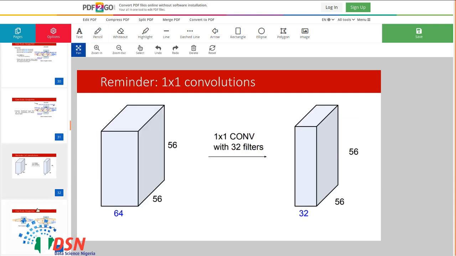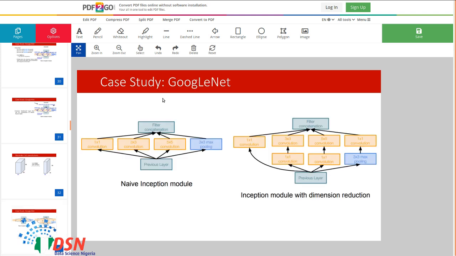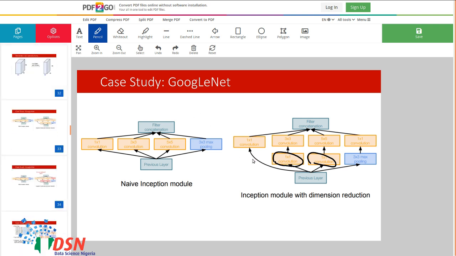So to reduce this number of channels, we could use 1x1 convolutions to reduce the number of channels. So we use 1x1 convolutions to reduce the number of channels from the previous layer and apply the filters in the next layer. Okay, so this is in comparison with the naive inception module.